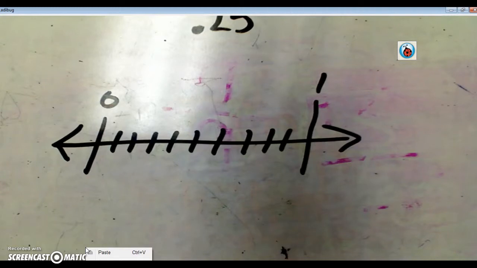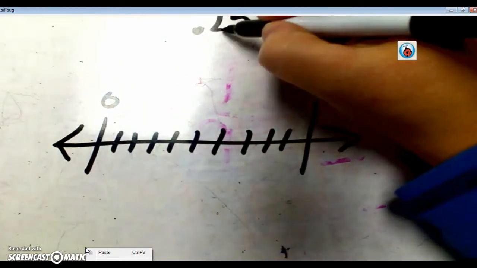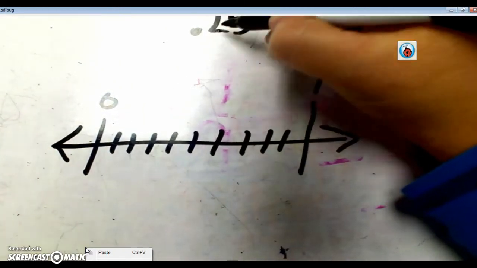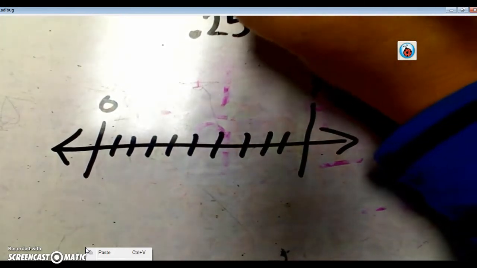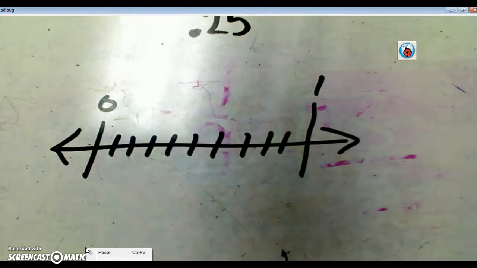How many of you know where to plot 0.25? There's no line for 0.25. Is there? No. Okay, so what I have to do, and what you can do, look at the number that is in your tenths place. It's a 2. Go ahead and write that again right above it and put a 0 with it.